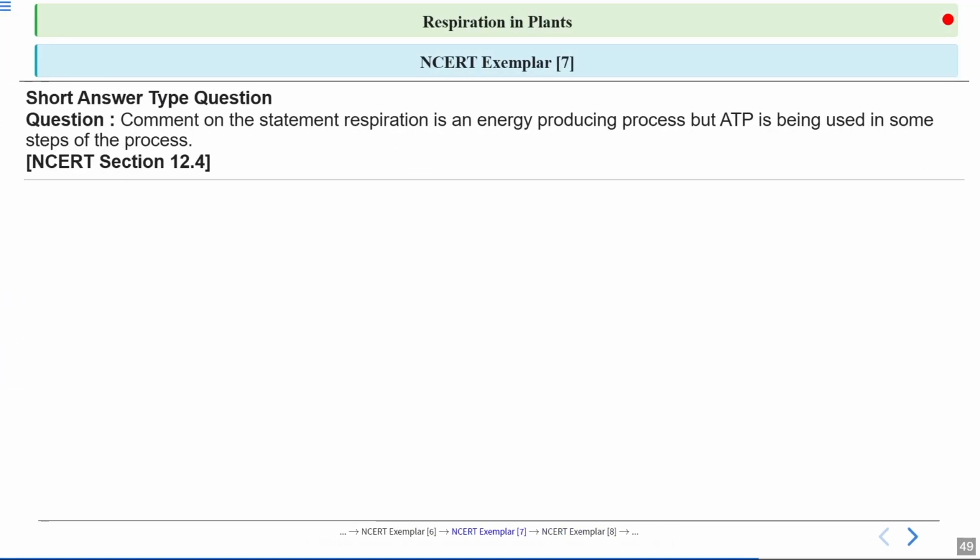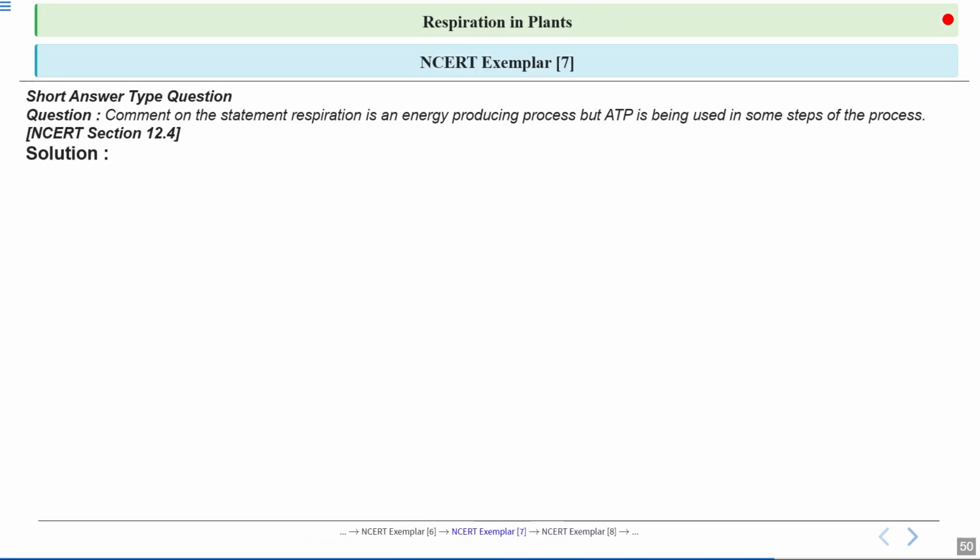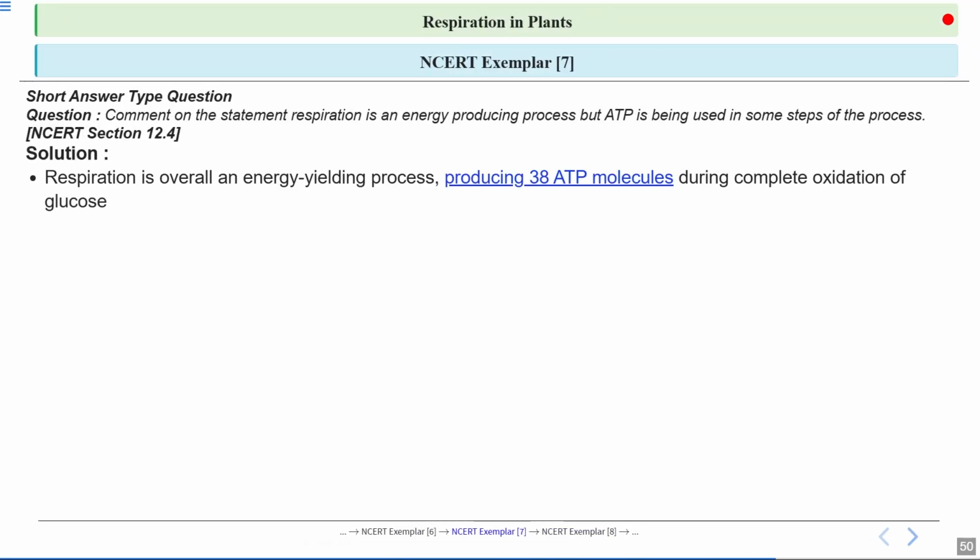So students, now let us look at the next question. Comment on the statement, respiration is an energy producing process, but ATP is being used in some steps of the process. Let us look at the solution. Respiration as a whole is an energy yielding process.